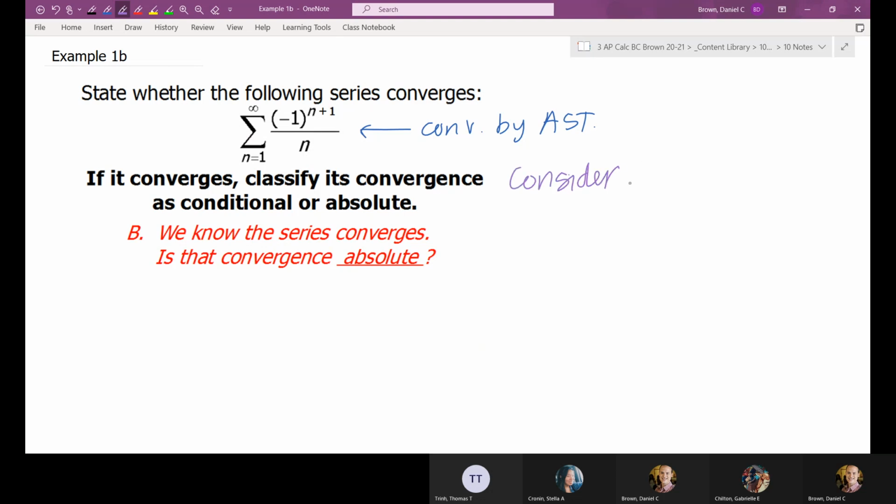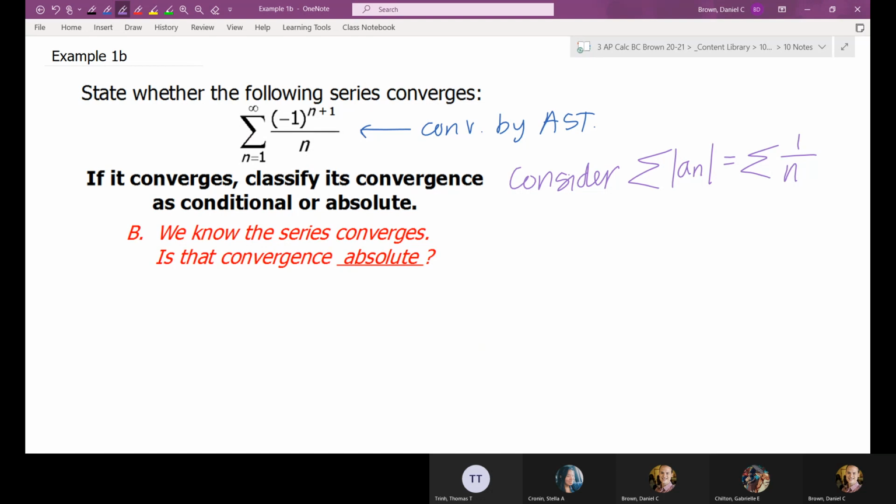So we're going to consider the series. This will be the absolute value of the series; what's causing it to be positive or negative is mainly that thing in the numerator. So looking at the absolute value of the series, that is 1 over n. What series is 1 over n? It's the harmonic series. What do we know about the harmonic series? It diverges.